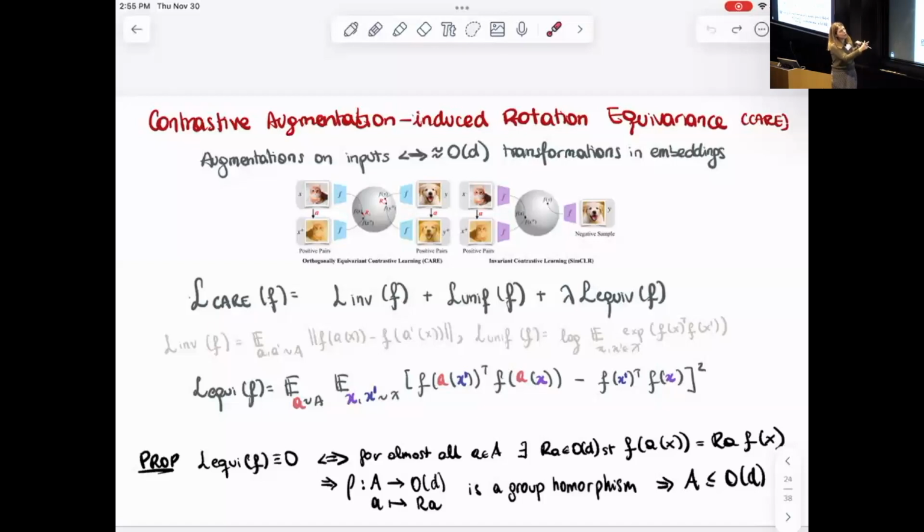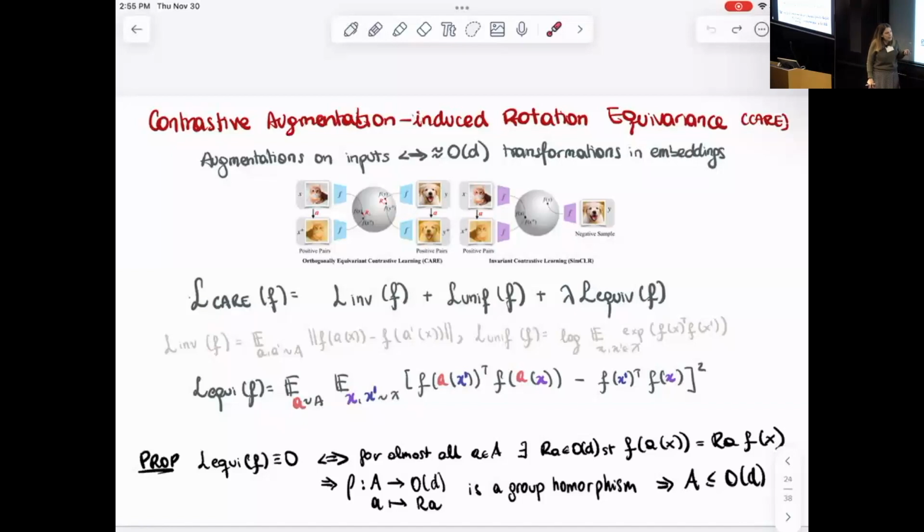And then what we can do is define this loss function by adding this loss term to the original SimCLR loss function. And then we can prove that if you make this equivariant loss term equal to 0, then for almost all augmentations, there exists an orthogonal transformation that makes that happen.